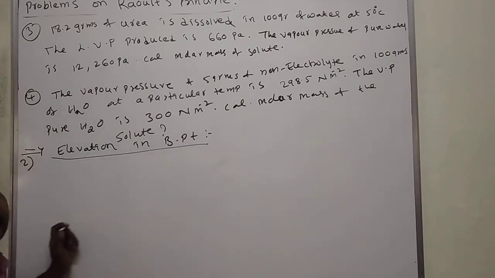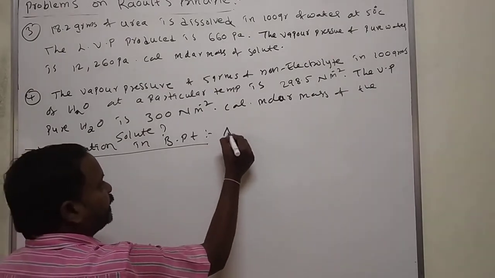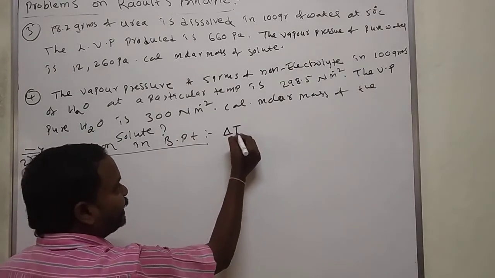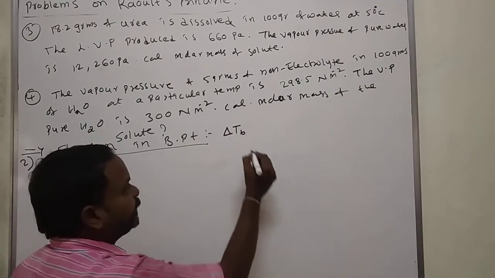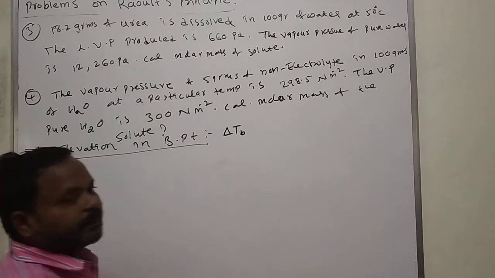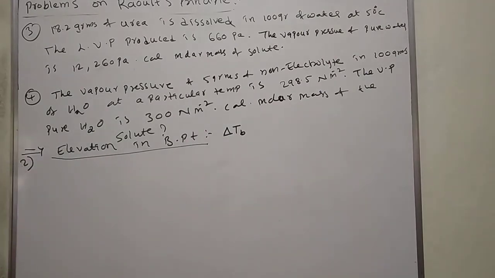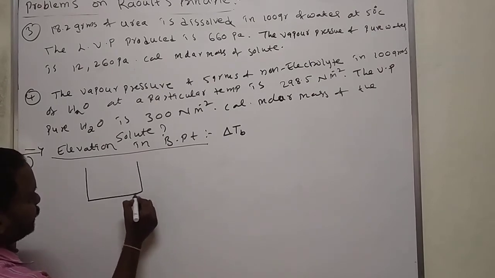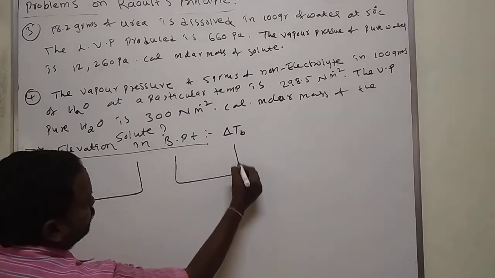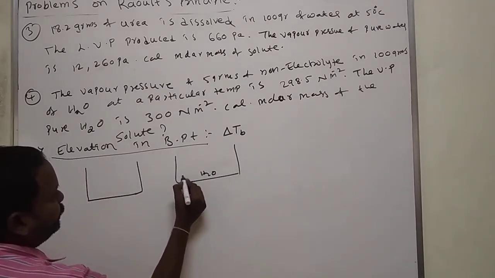Elevation means increase in boiling point. What is the increase in boiling point? We'll see in continuation. Elevation in boiling point is indicated with delta T B, where B means boiling point. What is the meaning of boiling point?